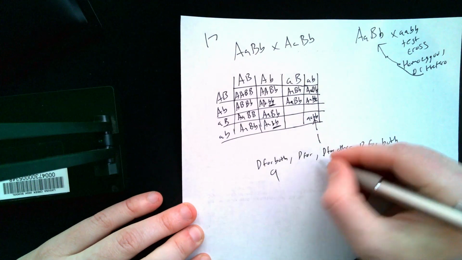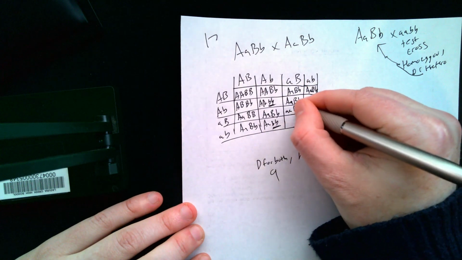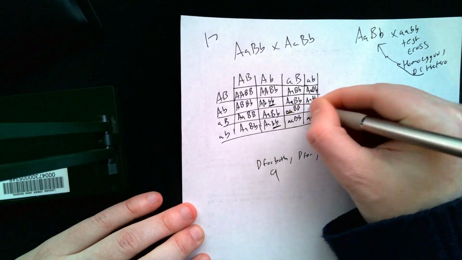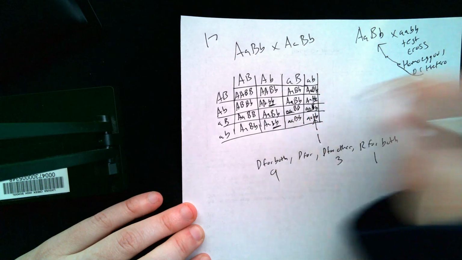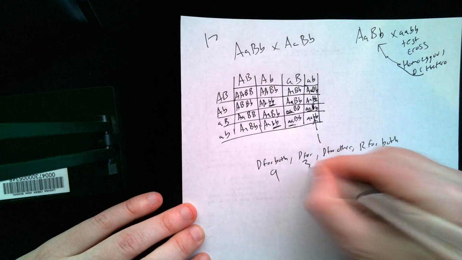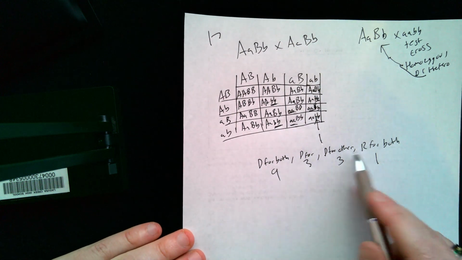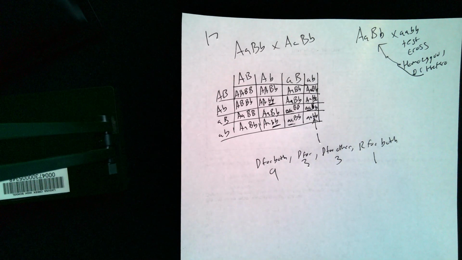So there's 3 that are recessive for B, and then this one and this one are recessive for the A's only. So 3 dominant for B, recessive for A, 3 dominant for A, recessive for B, and then that. So that's called the golden ratio, 9 to 3 to 3 to 1. It is worth memorizing that ratio.